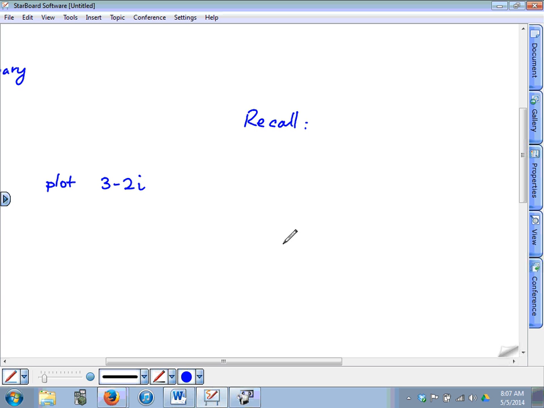What are you going to have to know? How would you do this? How would you perform that operation? FOIL? If this were multiply, then yeah, we would have to FOIL.